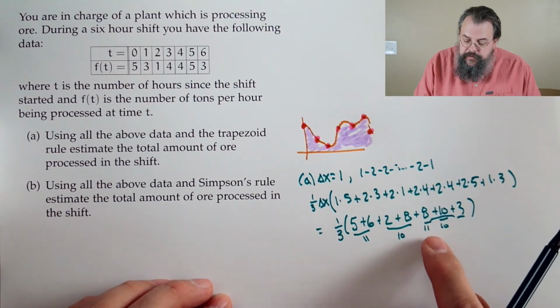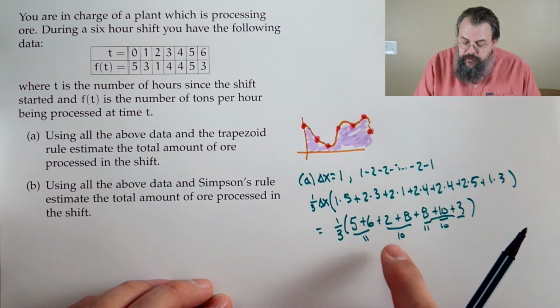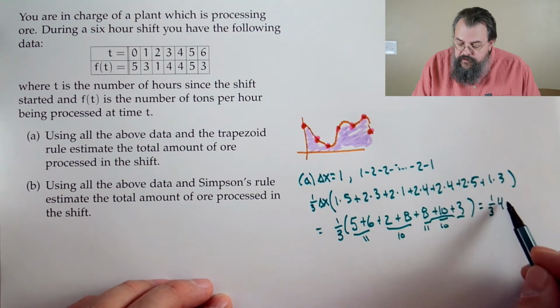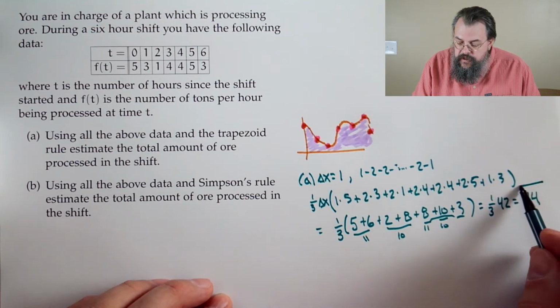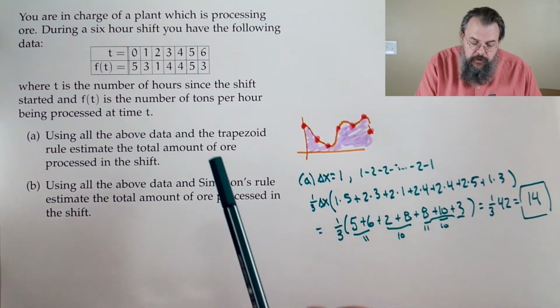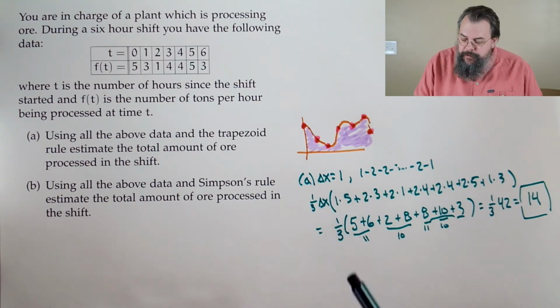So we have a 21 and another 21. That makes 42. And 1/3 of 42 gives us 14. That means we've processed 14 tons. Another problem done.